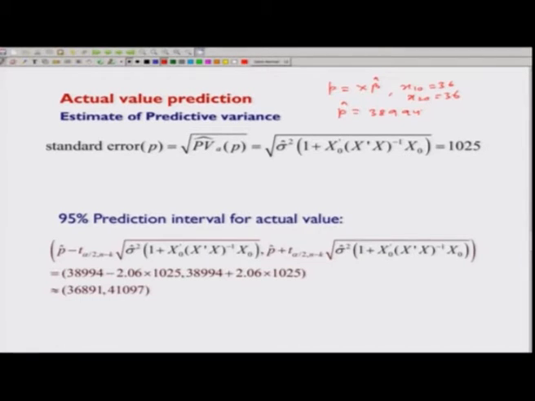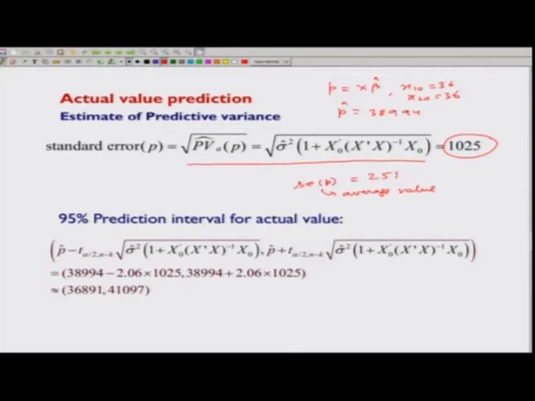Now, when we find its standard error, which we had obtained earlier, substituting the values of x naught, x and sigma square hat, we compute this standard error as 1025. You may recall that the standard error of p in the case of average value earlier was 251.